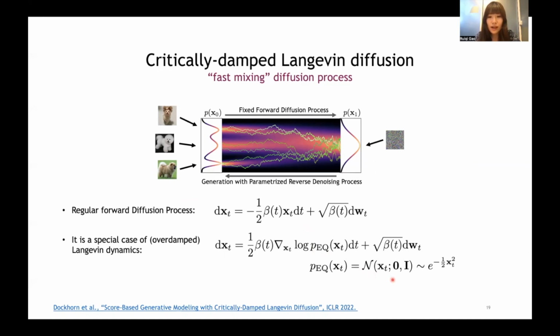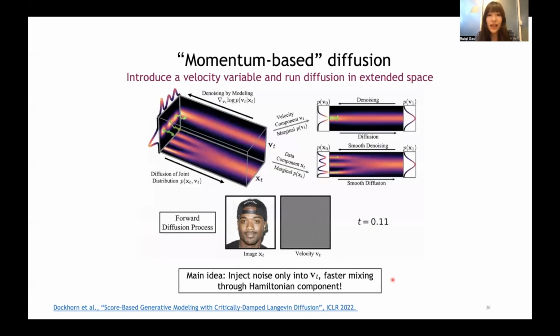Given this connection, we can design a more efficient forward process in terms of MCMC. Specifically, this work proposed to introduce an auxiliary variable, the velocity v, and the diffusion process is defined on the joint space of the velocity and the input.